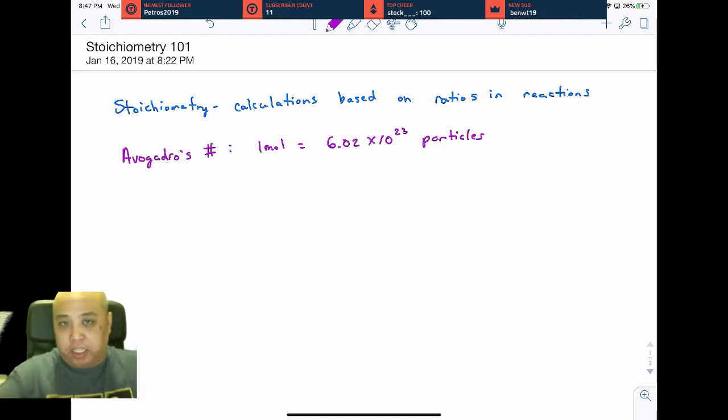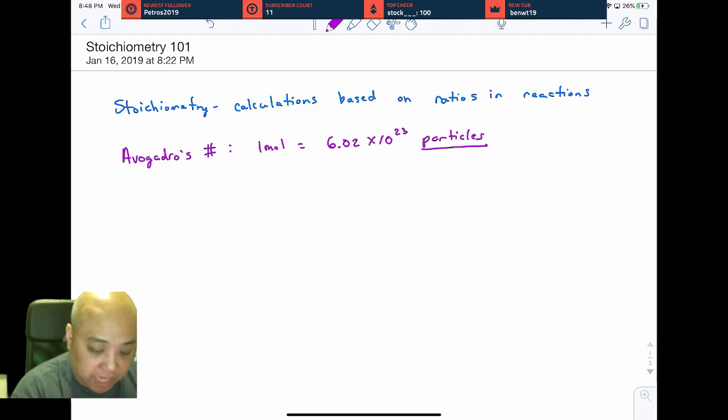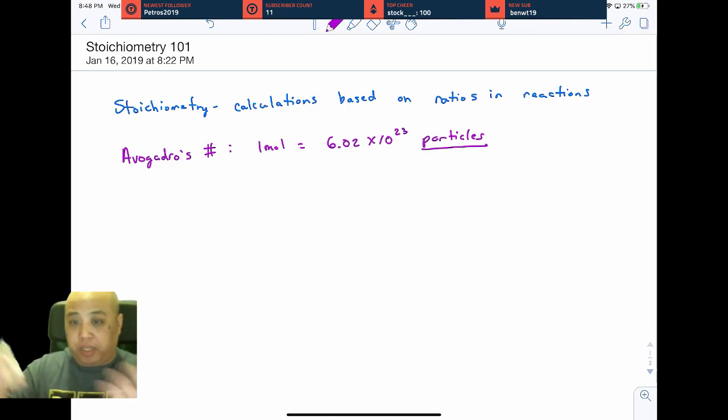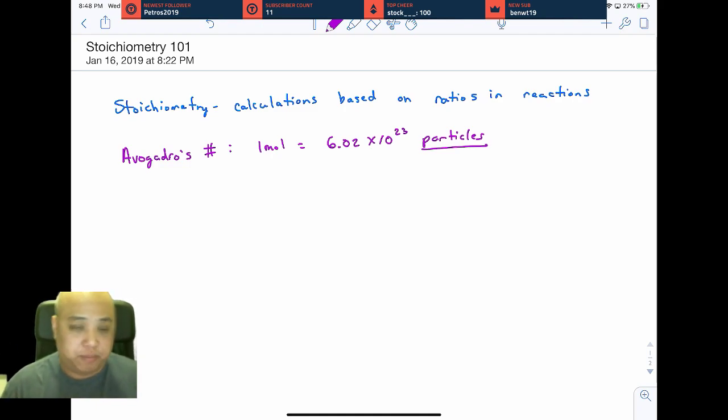So it just represents a large amount, like a dozen or things like that. And so it doesn't matter what the unit of particles is. It could be anything. It could be grains of rice. It could be pencils, whatever. It's 6.02 times 10 to the 23rd of that. So 1 mole of something is 6.02 times 10 to the 23rd of them.